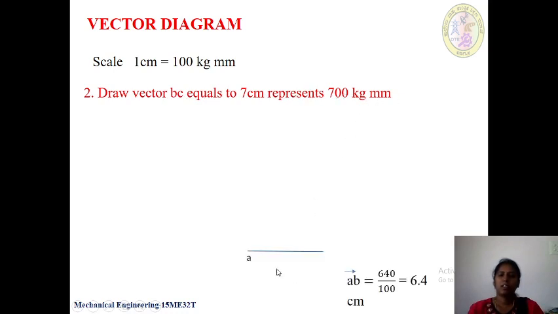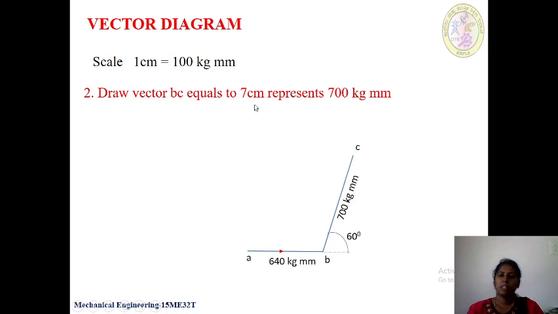That is, already the first vector we have drawn from A to B. From now we need to draw from B to C. From B, taking the reference of angle 60 degree, draw a line at 60 degree, B to C, that is equal to 7 centimeter which represents 700 kg/mm, towards the direction of C.